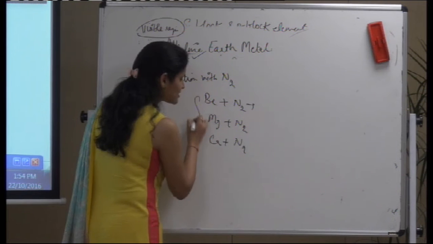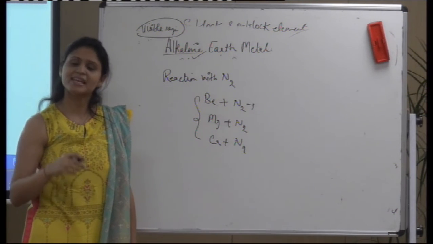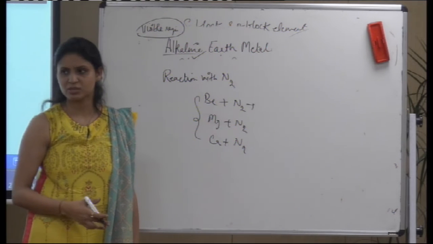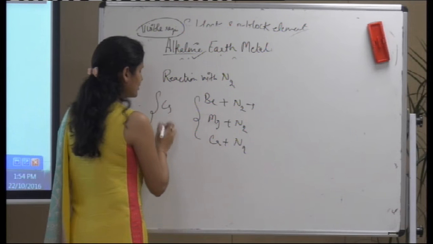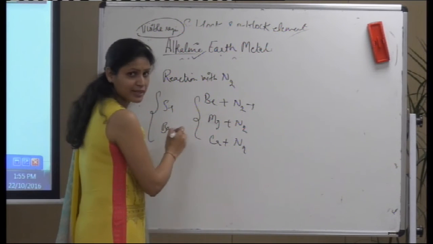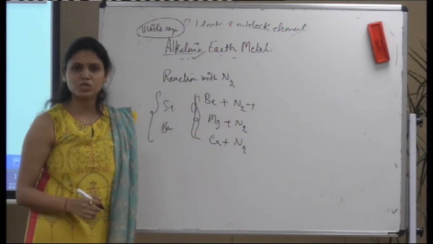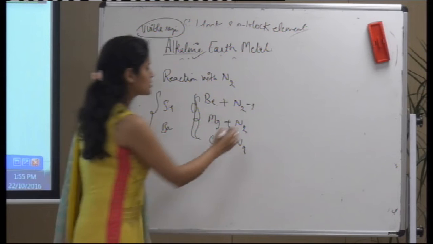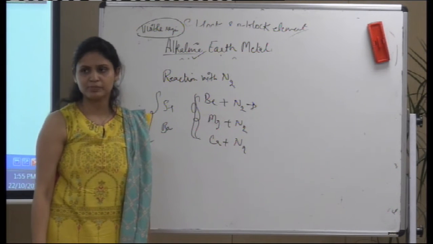Basically these initial three or four elements are the elements of commercial importance, and hence we are studying only these reactions. You must be thinking, we are not considering strontium and barium, right? Because these three elements are the elements of commercial importance. So what would be the reaction of beryllium with nitrogen?